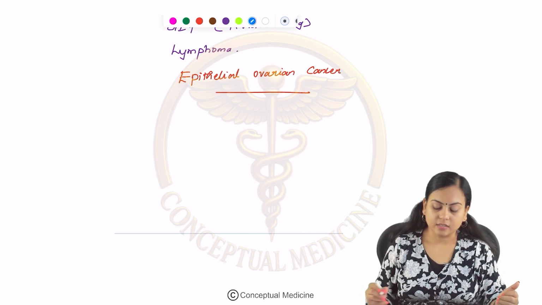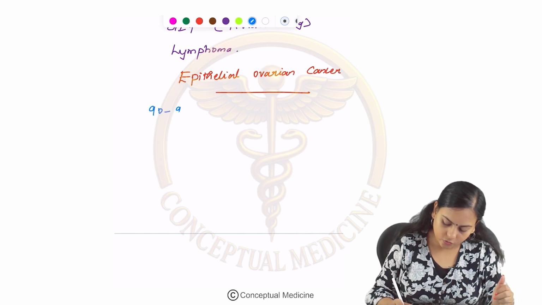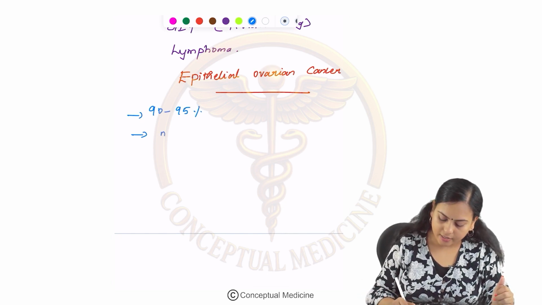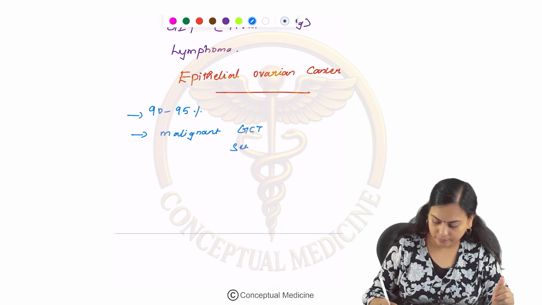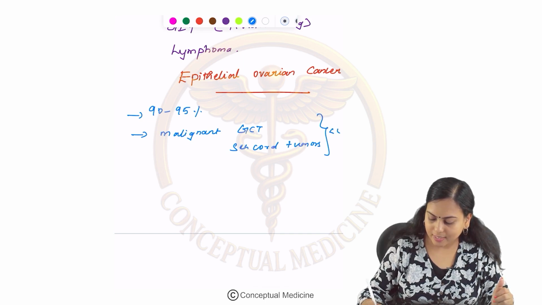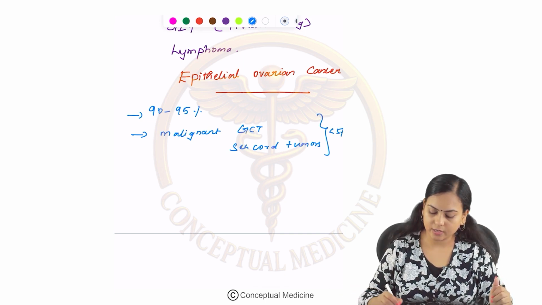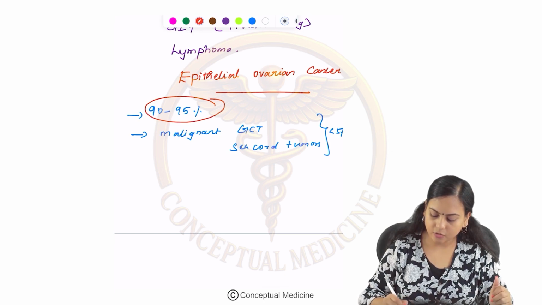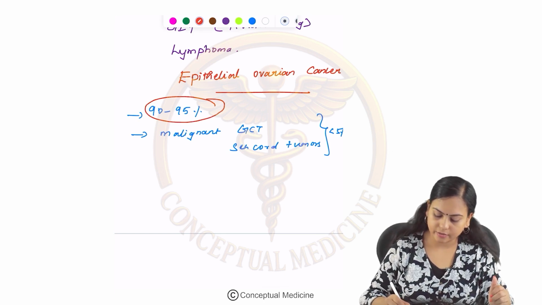Epithelial ovarian cancer constitutes about 90 to 95% of the ovarian malignancies, and you have the malignant germ cell tumors and the sex cord stromal cell tumors, that will be making only less than 5% of the cases. Okay, so that's why this epithelial ovarian tumor is very important, right?